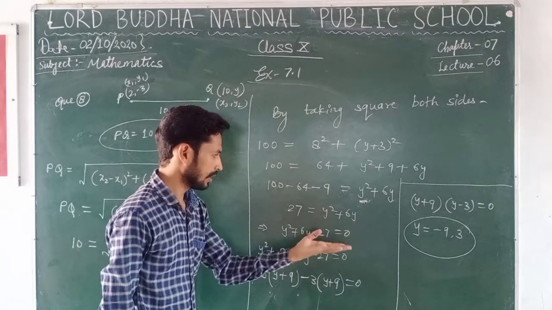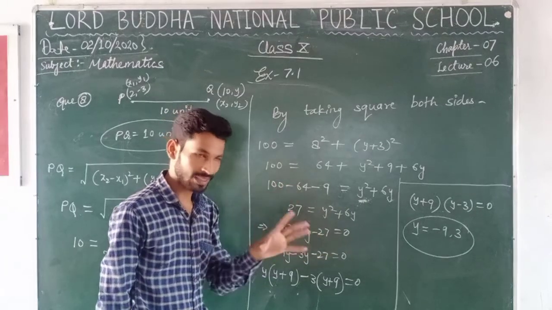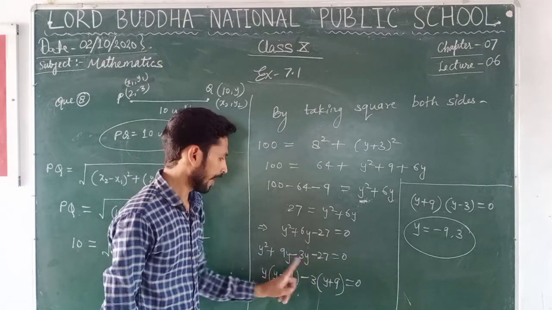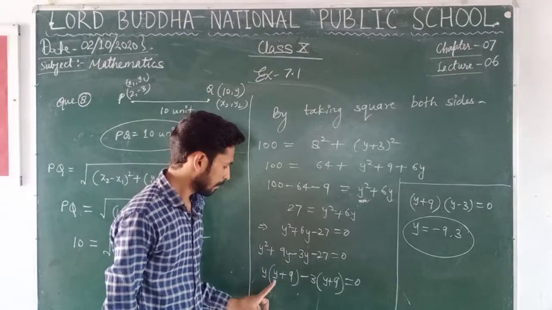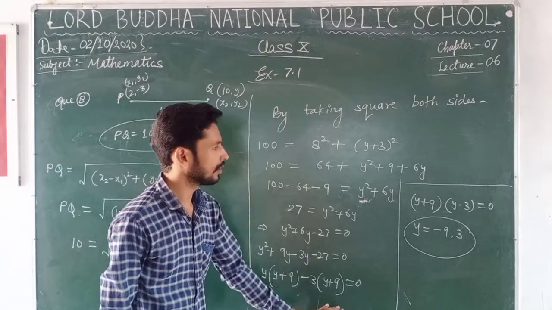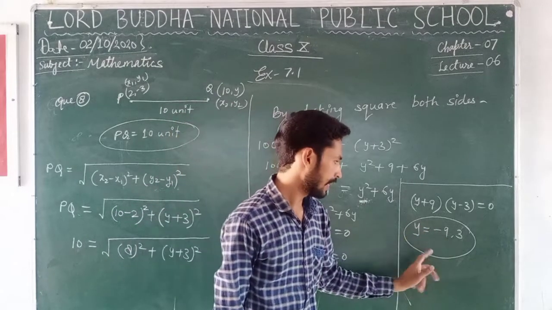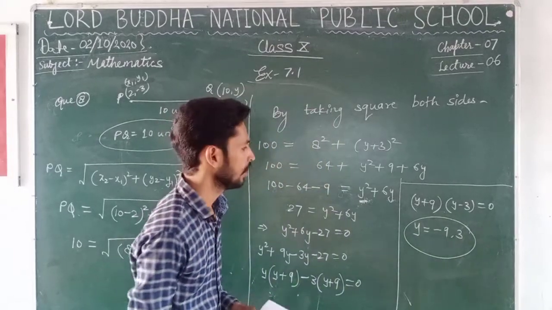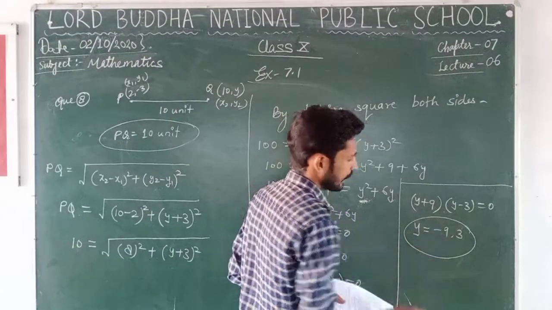So take all values to one side, so y square plus 6y minus 27 equals 0. So factorize it: y square plus 9y minus 3y minus 27, and we separate it. Then the final answer is y equals minus 9 and 3. Okay, the value of y is minus 9 and plus 3.